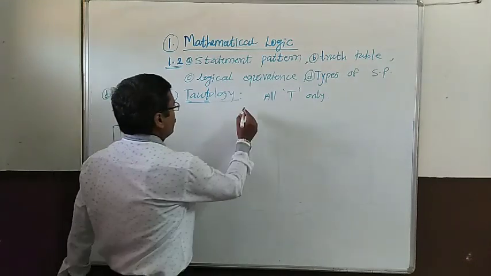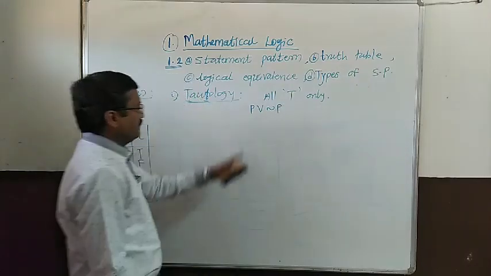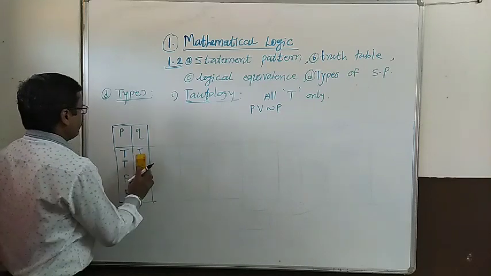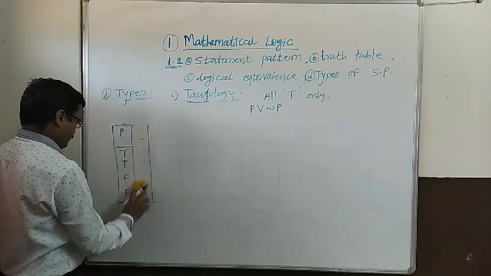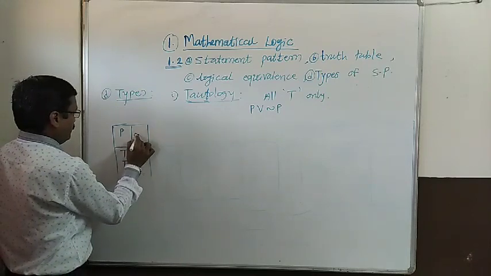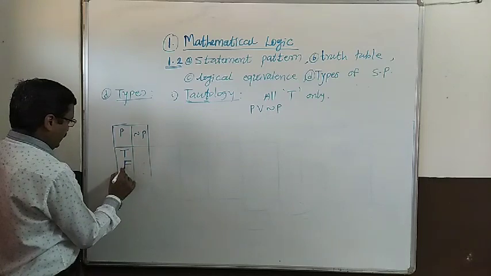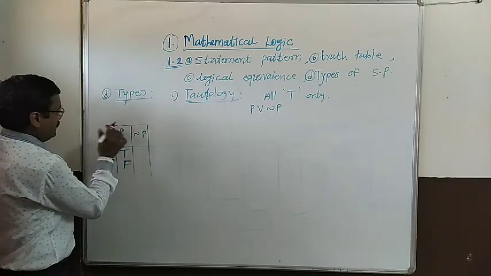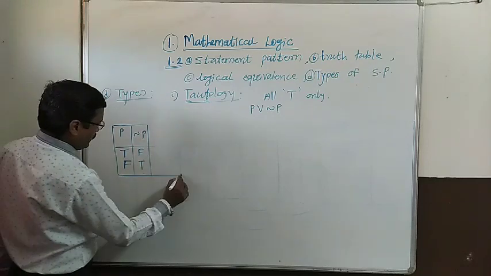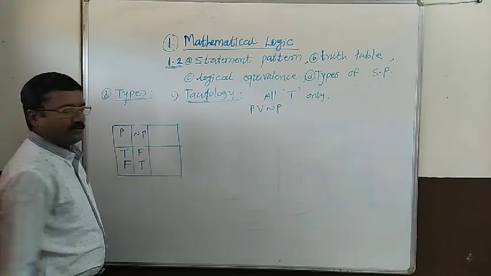For example, p or negation of p. Let us prepare the truth table for this. This is p. Negation of p. P has truth values T and F. Negation of p contains truth values obviously F and T, and we need p or negation p.